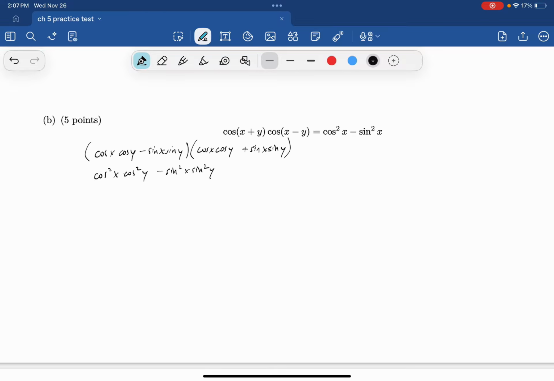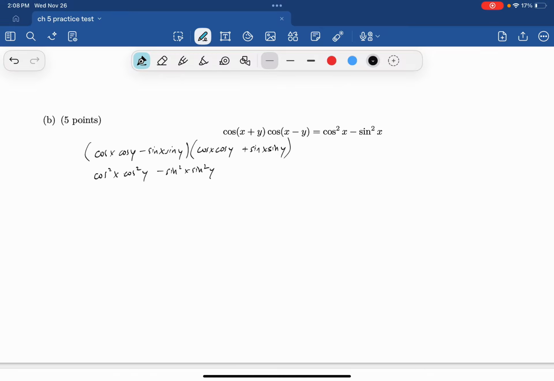Is this even true? This is not even true. This is not valid. This is not what I was trying to do.